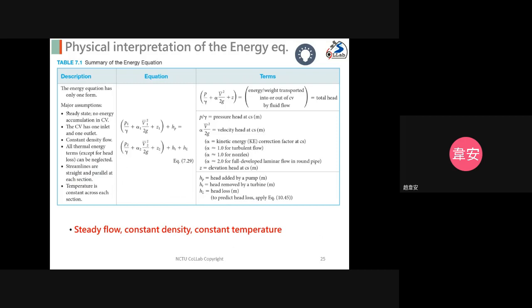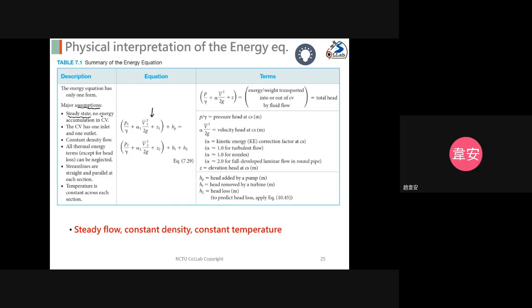Okay, so now the table summarizes the energy equation. What I would like to emphasize for this table is the major assumptions for the energy equation. Here, if we write the energy equation by these formulas, the first is we assume steady state flow.